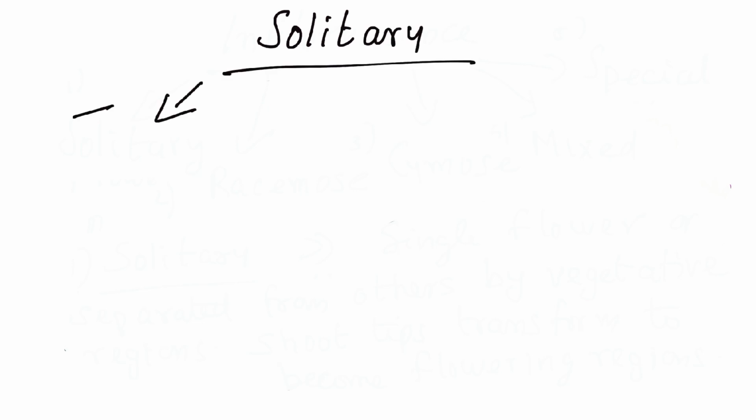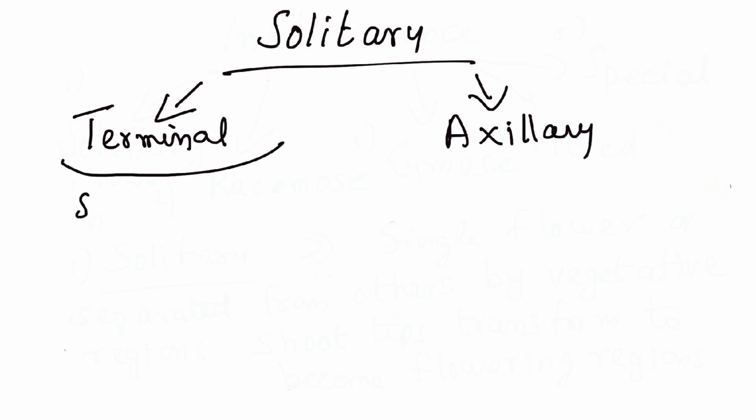Now solitary has two divisions. The first division is what's called solitary terminal, that is a terminal type of flower development, and the second is called axillary. Once again, the wording indicates what we are dealing with here. Terminal means a single flower which develops at the tip of the main stem or the branches.